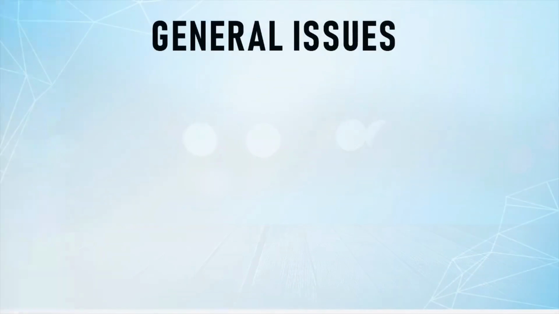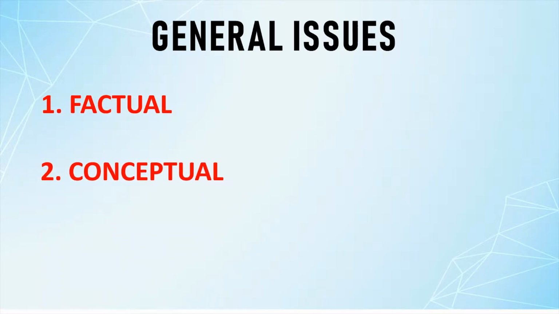Hi guys, first of all, I'm going to highlight some of the general issues that are encountered by technologists. There are basically three general issues: the first is factual, the second is conceptual, and lastly is the moral issue.